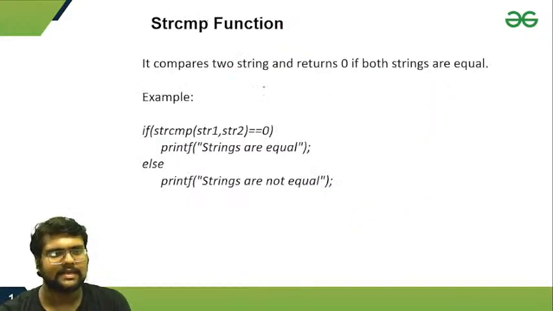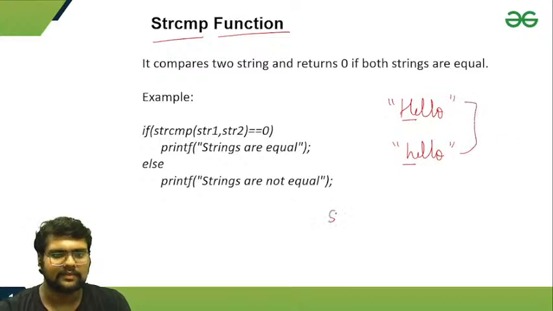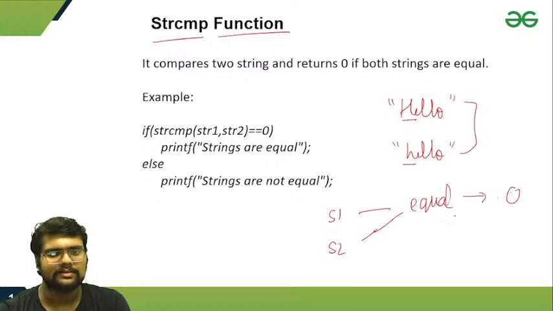Then we have strcmp. It is used to compare two strings. So if I have a string Hello, and another string that is hello with a small h, when I compare these strings, if s1 and s2 are equal, then it will return 0.